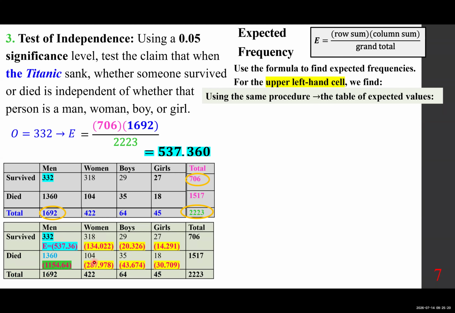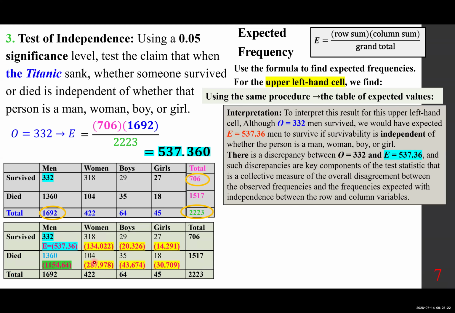So, to interpret this result for the upper left hand cell: although O is 332 men survived, that is the observed, that is what happened. We would have expected this many, 537.36 men, to survive if survivability is independent of whether the person is a man, woman, boy, or girl.